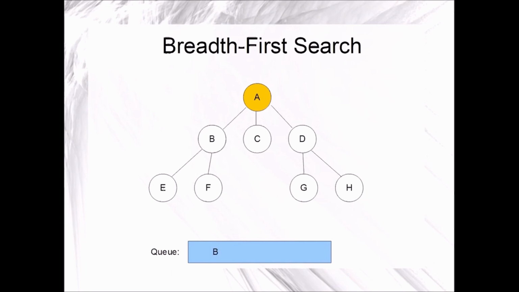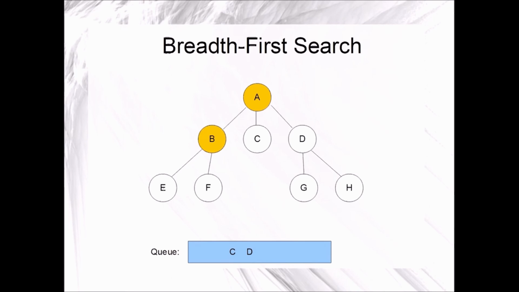In this case, that will be B, C, and D. This ends the first repetition. Now, since the queue is not empty, we will begin another repetition. The next repetition begins by dequeuing B and marking it.